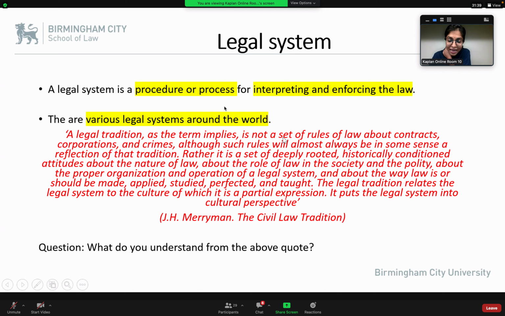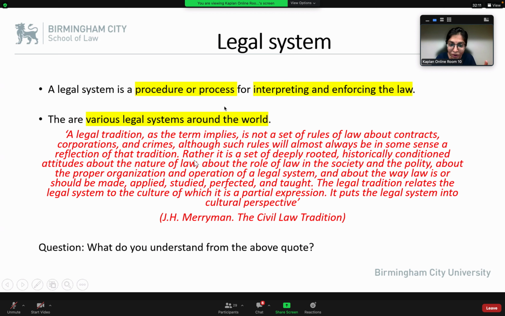It means that it's not a set of rules of law. When we speak about the legal system, we are not referring to your criminal law, contract law, tort law. We're not referring to the substantive law. System means we're talking about the due process here.